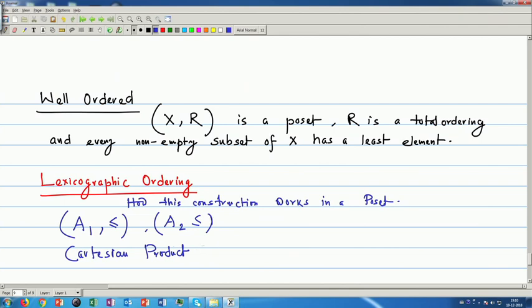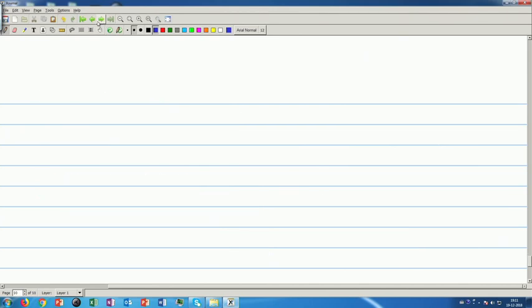So, we can take the Cartesian product A1 cross A2 cross, say up to AN. Now, how do I define this ordering? I consider two pairs A1 A2 and B1 B2.